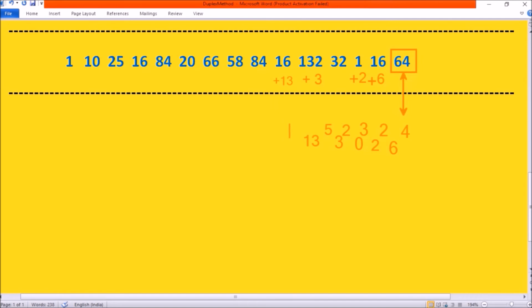So 16 plus 13 would give 29, so I would take 9 from this and forward 2 and add it to 84, and in this manner we will calculate until we get to the end of the duplexes that we have calculated. You get the idea of what to do here. So I'm carrying on the calculation, just like this.